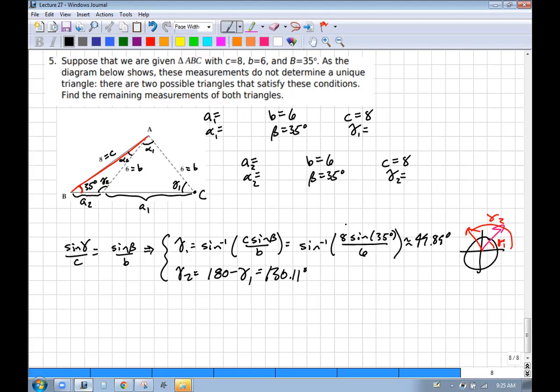Let's write these up here. 49.89 or 130.11. You can see over here, this is the 49.89, but if we prop B this way, we get gamma to be 130.11. Okay, so these are the two different triangles.